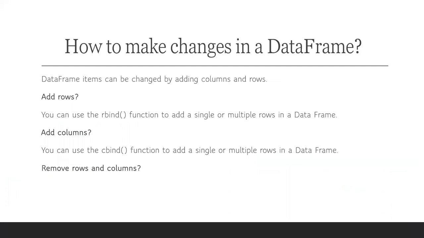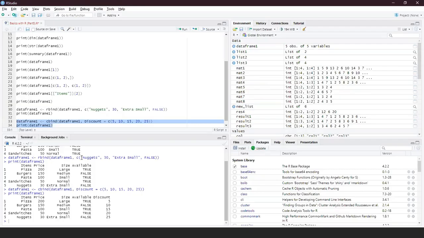Now, the most important question is how you can remove the rows and columns once you have added them. That's quite simple. All you have to do is to just use the c function and the minus operator with the c function. Let's do it.